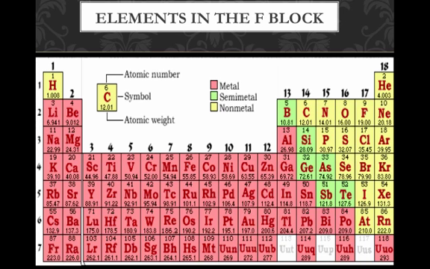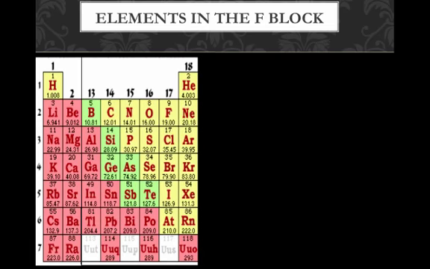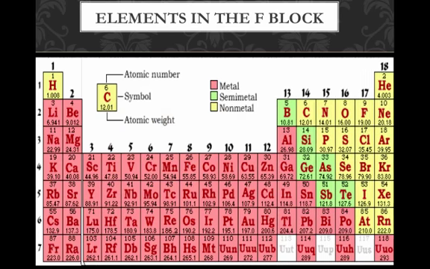Well, now those are the normal rules, but I want to show you the exceptions to the rule. I told you there would be some, so now let's figure out what they are. The exceptions to the rules would be elements for whom the regular configuration just is not the best situation. So let's look at chromium.